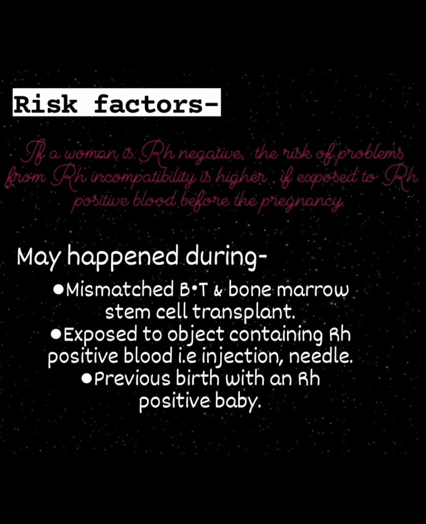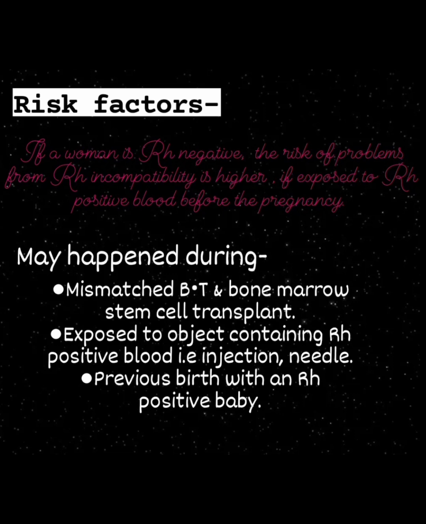This may happen when there is a mismatched blood transfusion or bone marrow stem cell transplant. It means that she was exposed to a mismatched blood transfusion or bone marrow stem cell transplant. Second one is an injection or any needle puncture or other object containing Rh positive blood, then there are chances to develop Rh incompatibility.